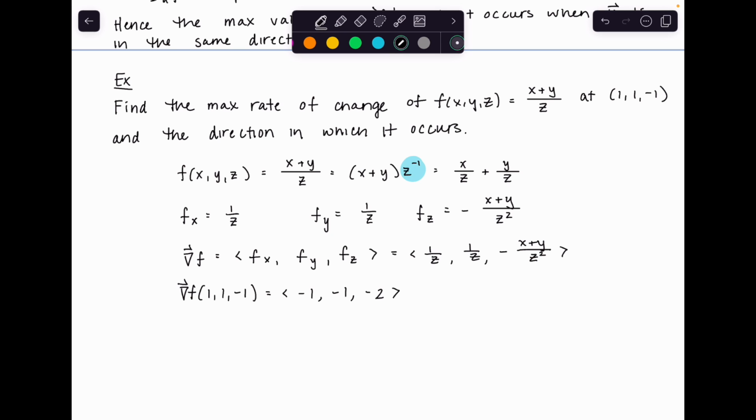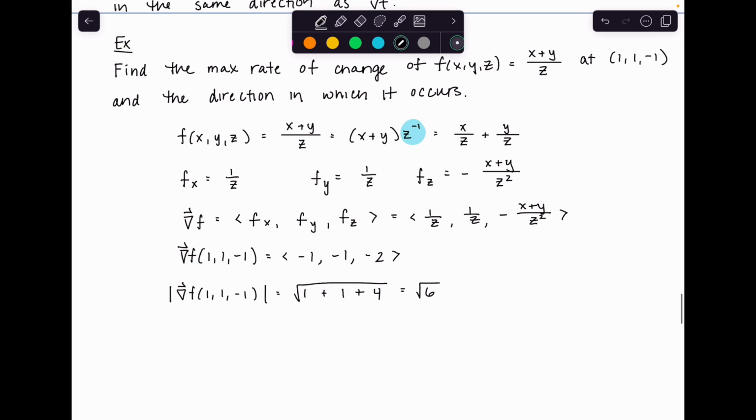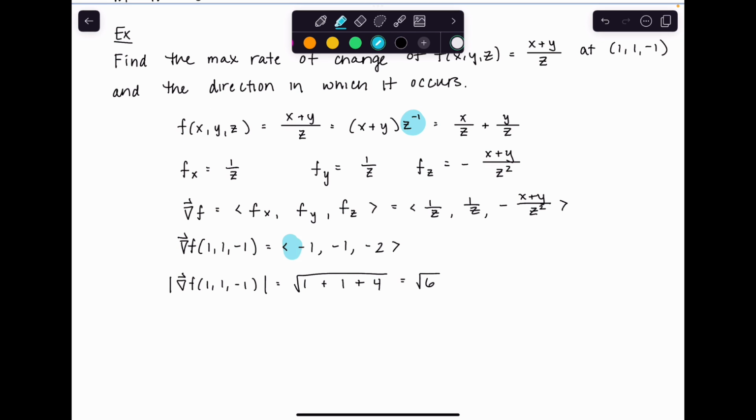Okay. So the maximum rate of change is just the magnitude of this vector. So that would be -1 squared, -1 squared, -2 squared under a square root. So the absolute maximum rate of change at this specific point is going to be √6. And the direction in which it occurs is exactly this vector.